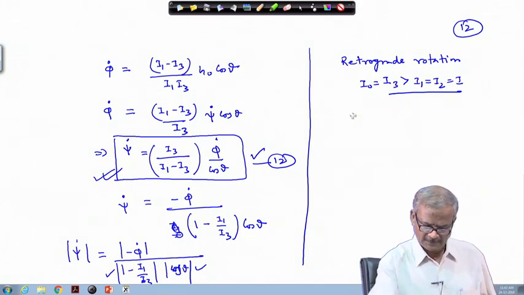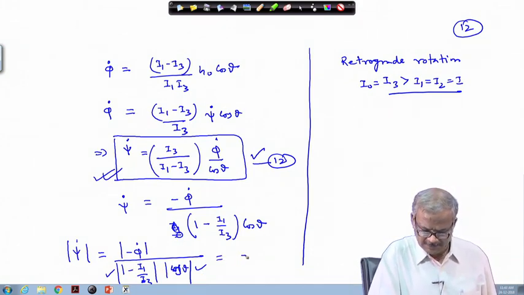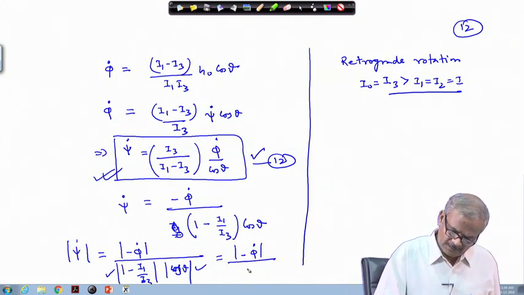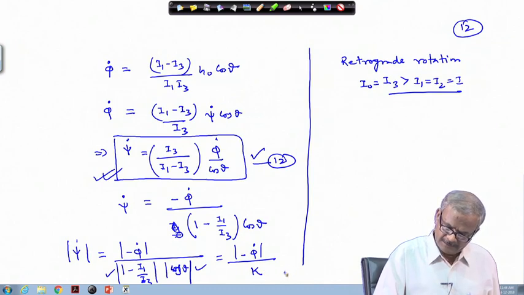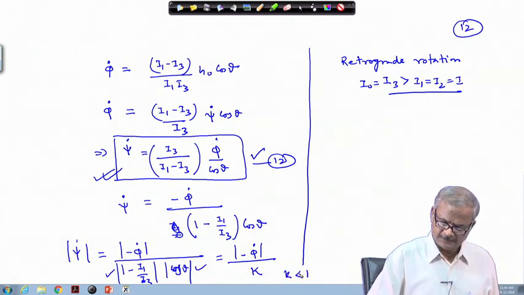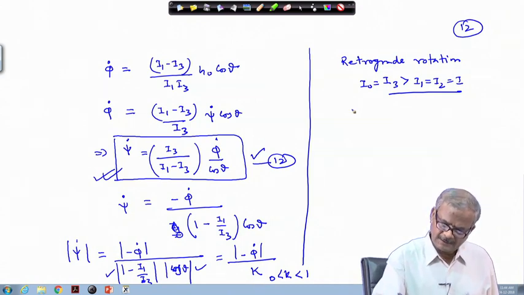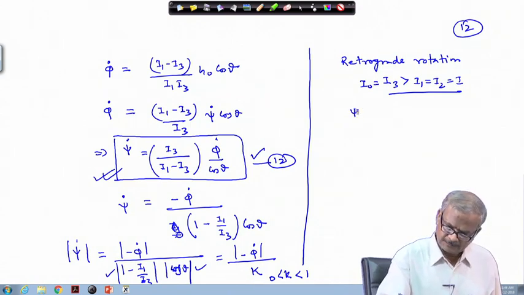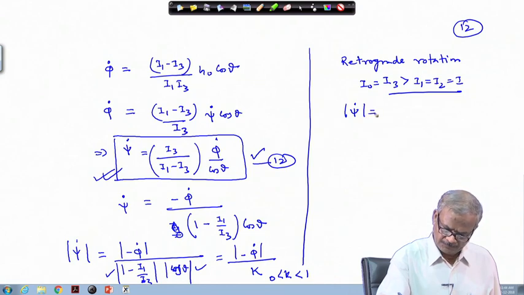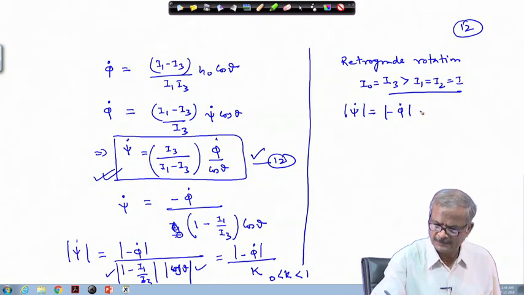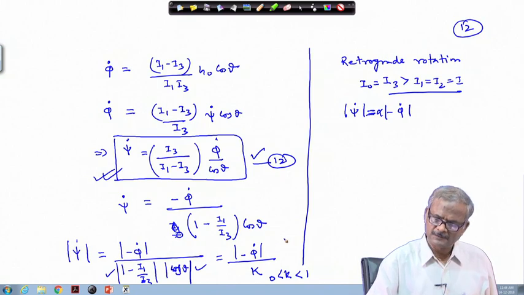something like, let us say, you write this as minus phi dot divided by k, where k is less than 1, but greater than 0. So, if we take it upside, phi dot and 1 by k, then we can write this as, say, alpha. Okay.